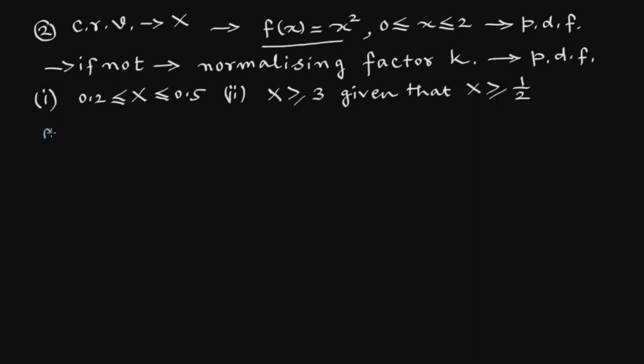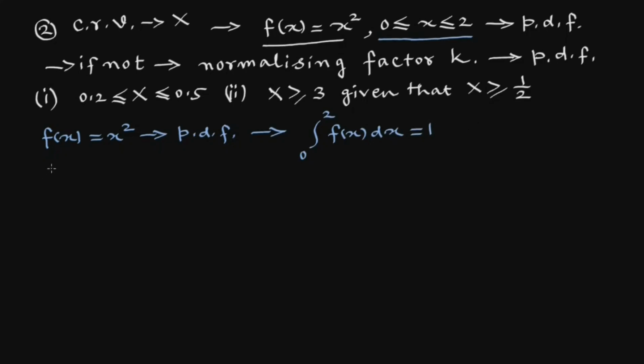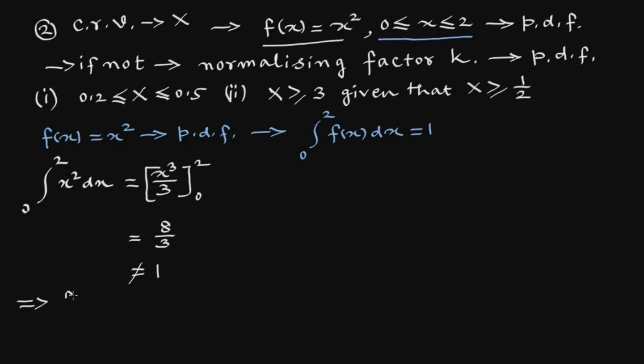Now for f(x) = x square to be a probability density function, the integral from 0 to 2 of f(x) dx should be 1. So let us evaluate x square dx from 0 to 2. That will be x cube upon 3 from 0 to 2, 2 cube, which is 8 by 3, minus 0. This is not equal to 1, which implies that f(x) = x square is not a probability density function.